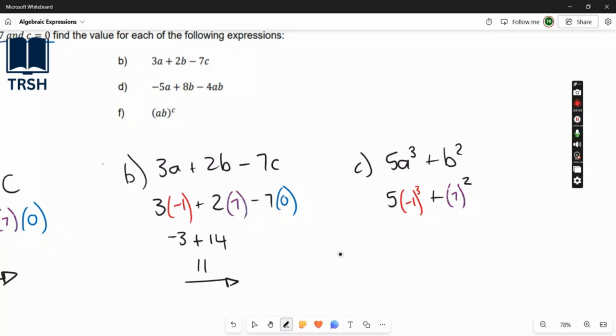And that should give us 44. And that is our answer.